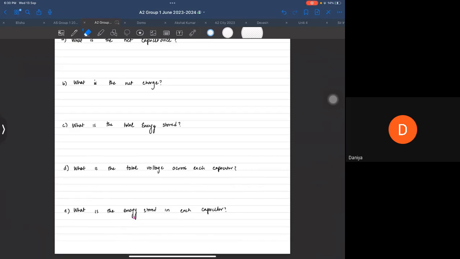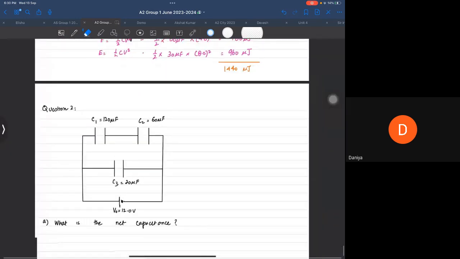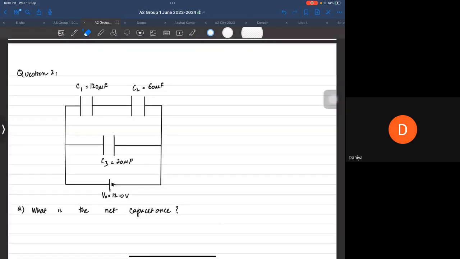Okay, fair enough. Now, in this question, the first thing you see is that this is overall a parallel circuit, but it has a series component as well. Whenever you have these kinds of circuits, you always need to first solve the inner circuit.